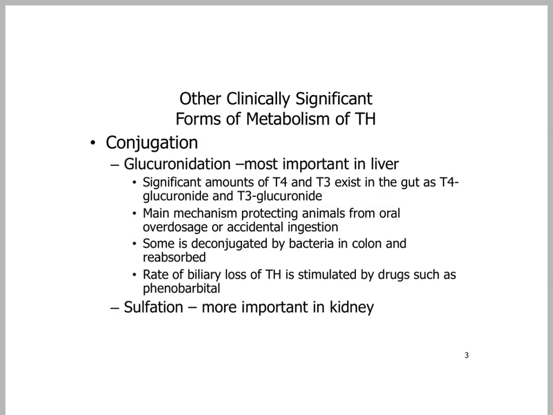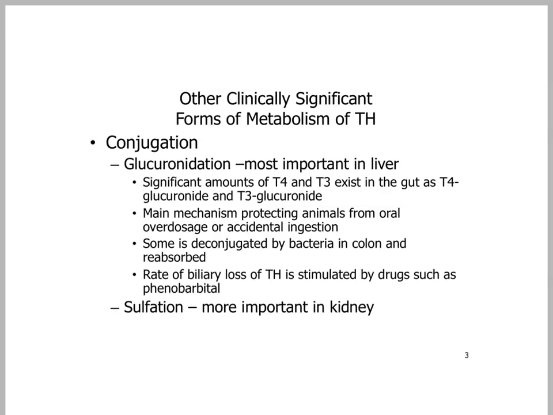So let's talk about the other types of metabolism pathways, the conjugation first. And first of all, it's interesting to note that there's huge amounts of T4 and T3 that exist in the gut at any given time in the form of these conjugates.